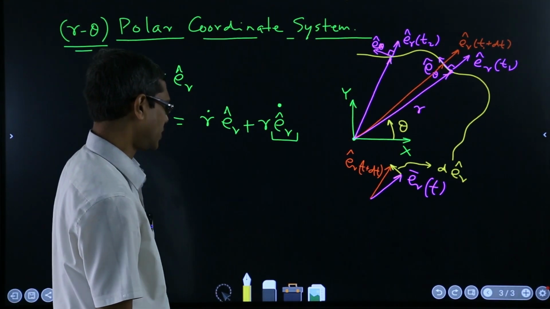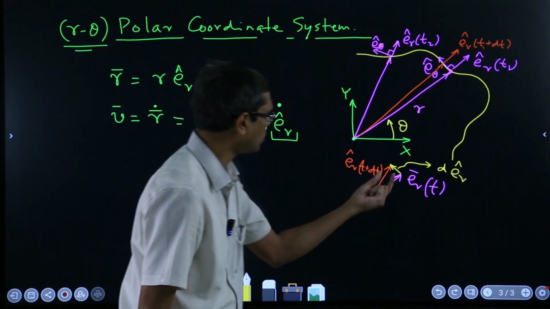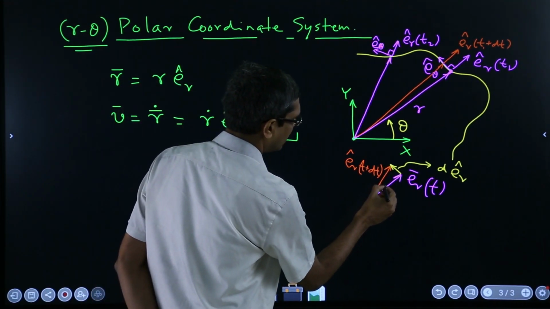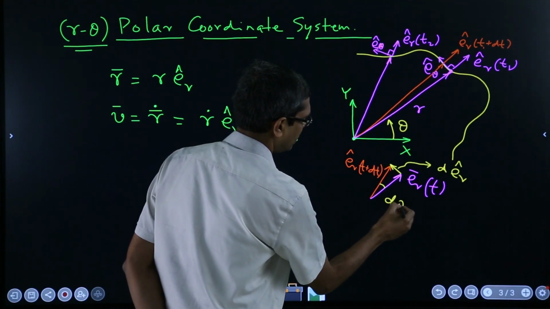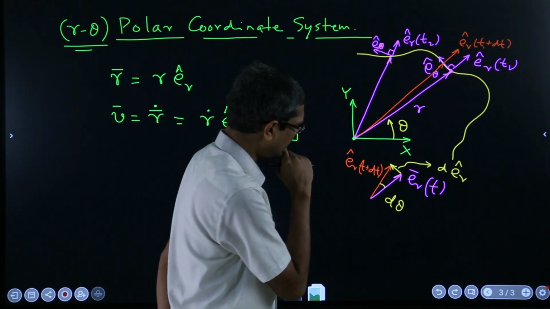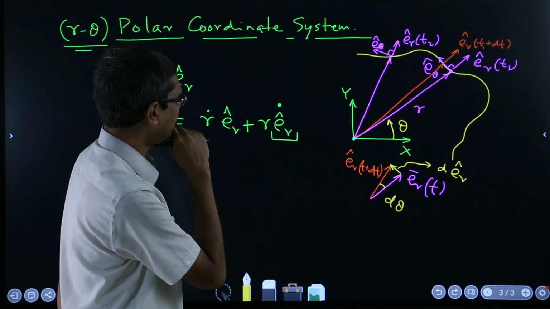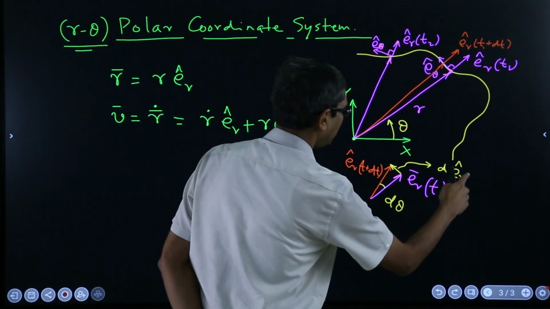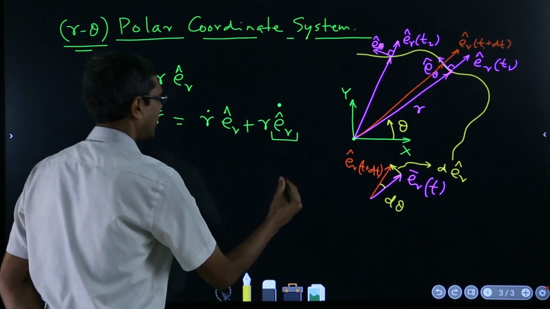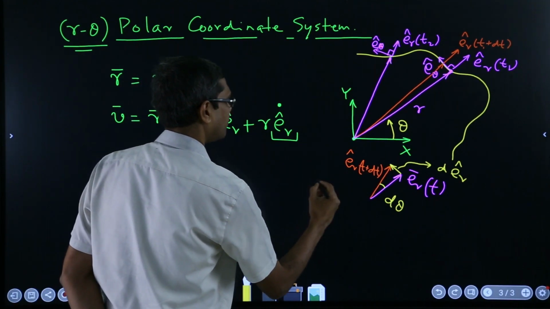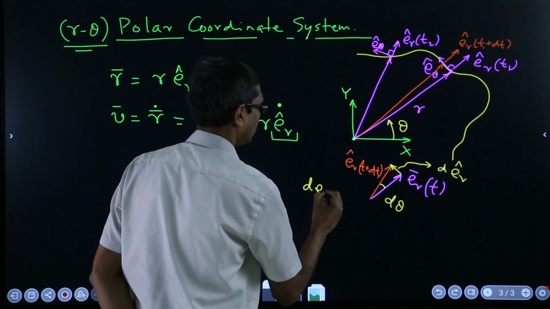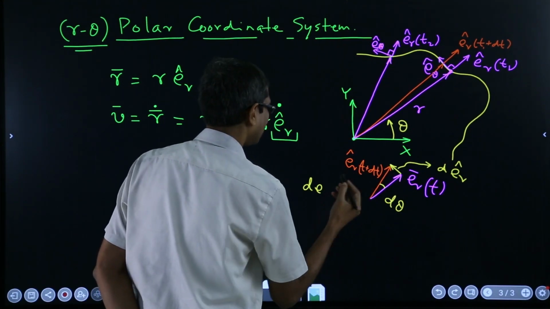If these are unit vectors, what can we tell about the length? Will it not be just this angle d theta, whatever this angle is? Now, if this angle is theta, then the change in e_r is, in magnitude, d theta.